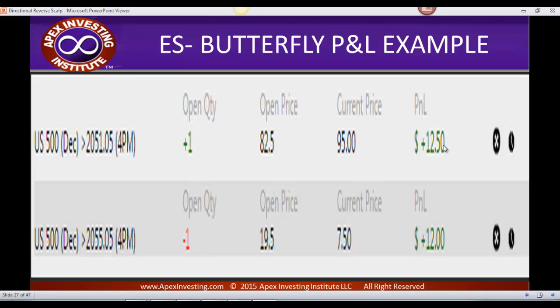You can see on the P&L here, as it was getting closer to expiration, we started gaining some of the profits on both sides. All right, so a little bit different, something different to consider. Sometimes you don't think about going in on the same time frame and buying and selling at the same time.